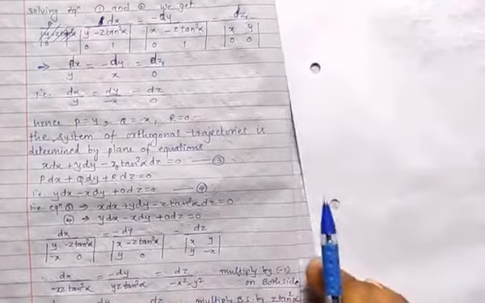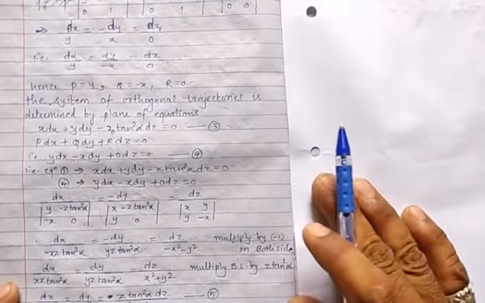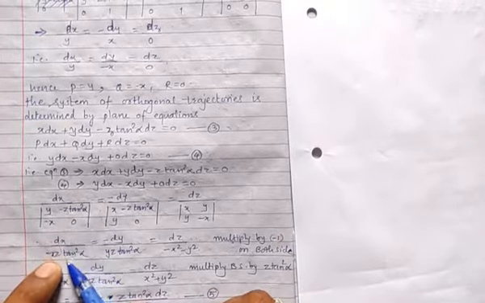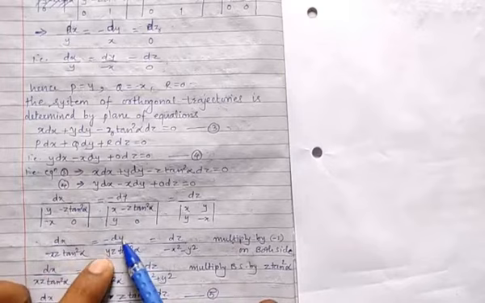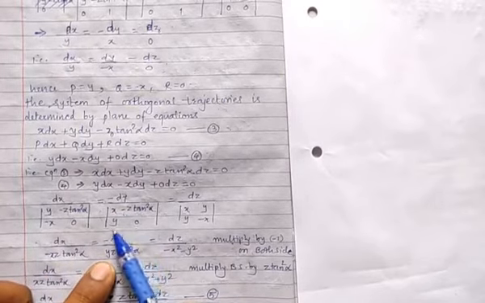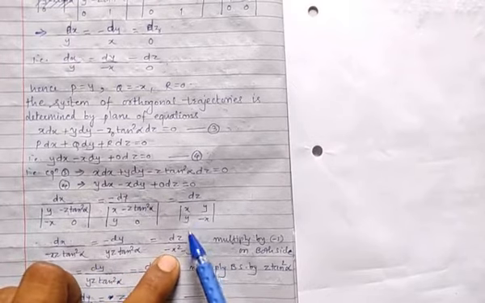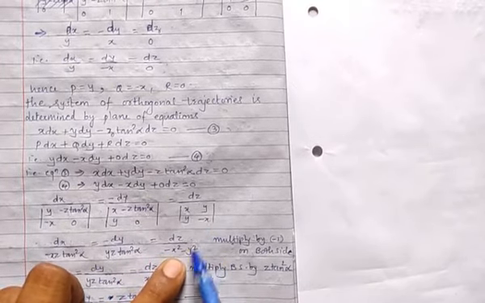Taking the determinant, we have minus x into z tan square alpha is equal to minus dy upon minus y into z tan square alpha is equal to dz upon minus x square minus y square.